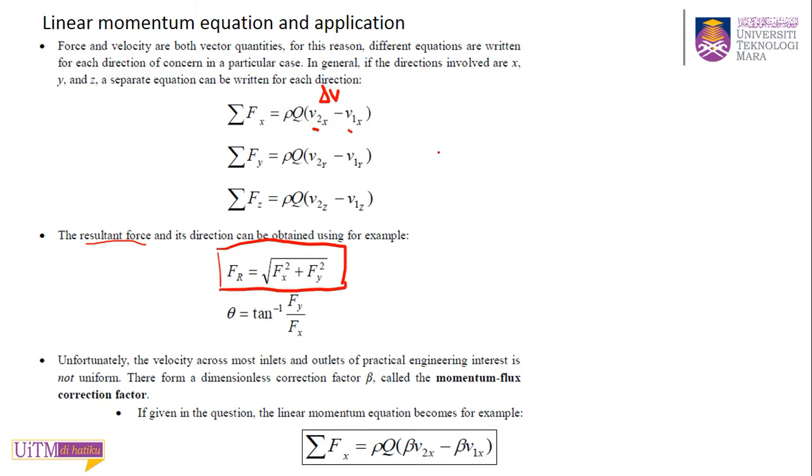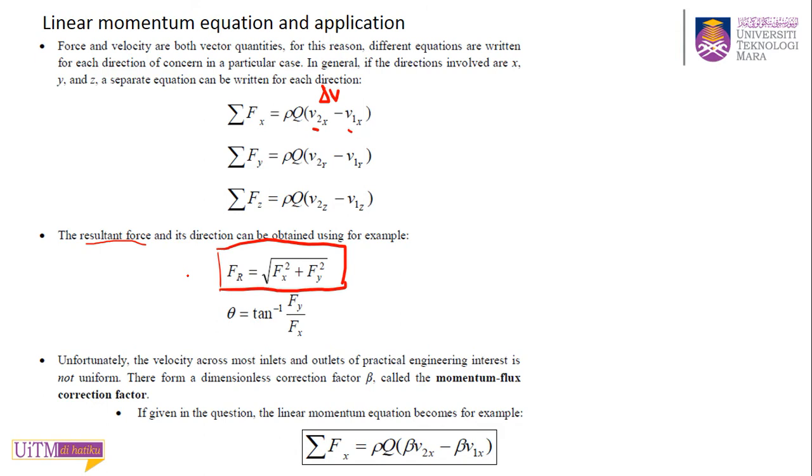And finally, because we are dealing with a fluid, the velocity of that fluid is not uniform, so it can change from one point to another. Maybe at this point the velocity of the fluid is 5 meters per second, but when it moves and reaches another point, maybe the velocity is 4.5, depending on the orientation.